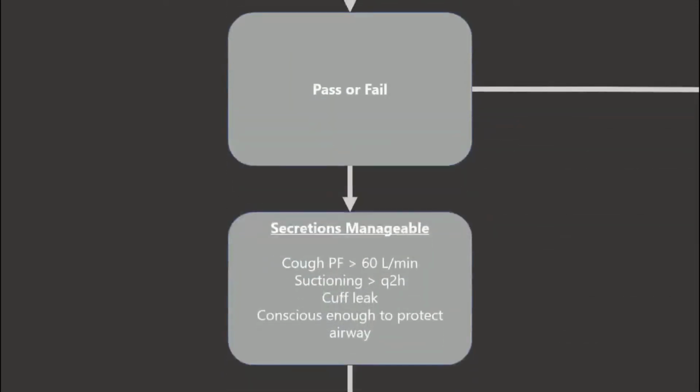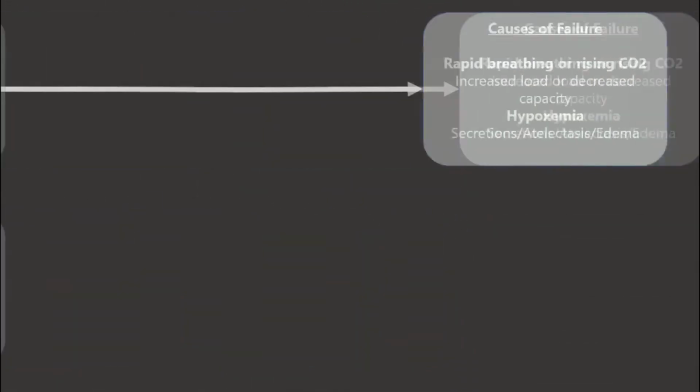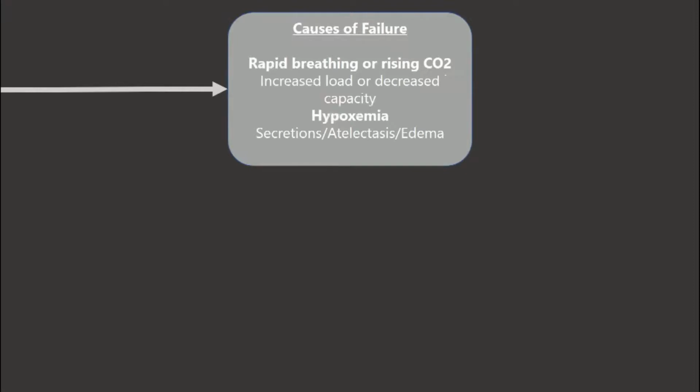Failing this, you need to look for causes for the failure. If the cause for their failure was rapid breathing or a rising CO2, then this is the problem of increased load or decreased capacity. If hypoxemia was the underlying problem, then secretion control, atelectasis, and pulmonary edema are much more likely to be the reason for the failure.